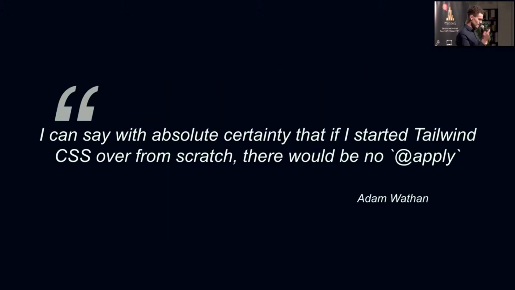But Adam Wathan said that if he would build it again from scratch, there would be no apply. And why is that? Because it breaks the principle of Tailwind: you have to go back to the naming part and think about naming, and also your CSS will bloat.